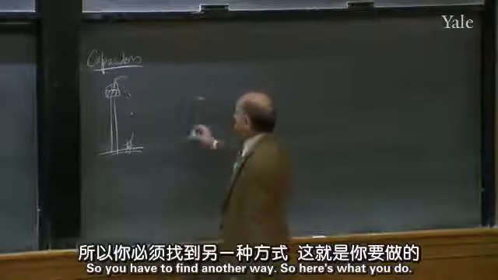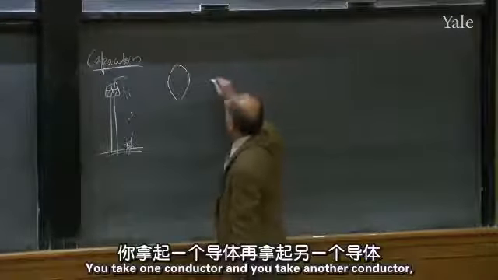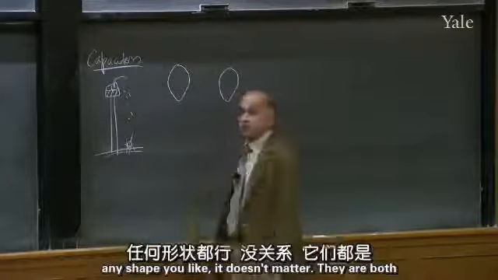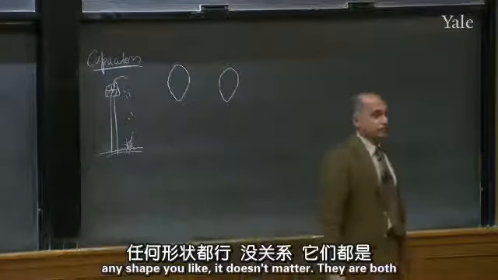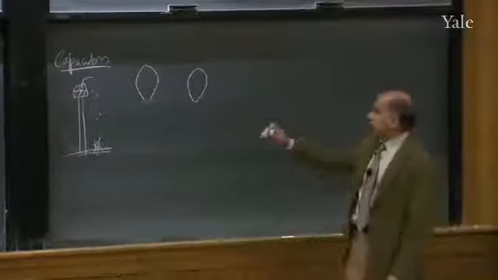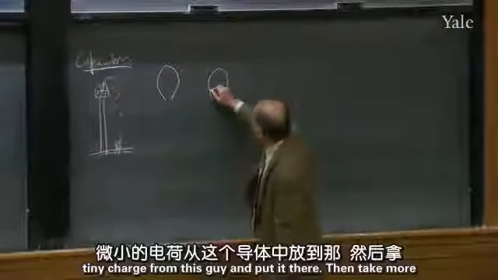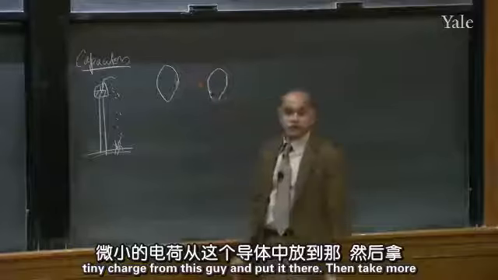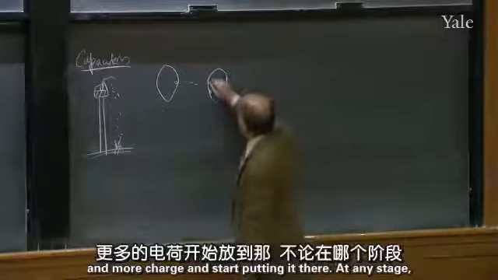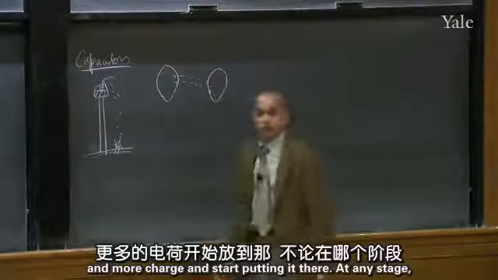So here's what you do. You take one conductor and you take another conductor, any shape you like, doesn't matter. They're both electrically neutral, but they're conductors. So you take a tiny charge from this one and put it there. Then take more and more charge and start putting it there.